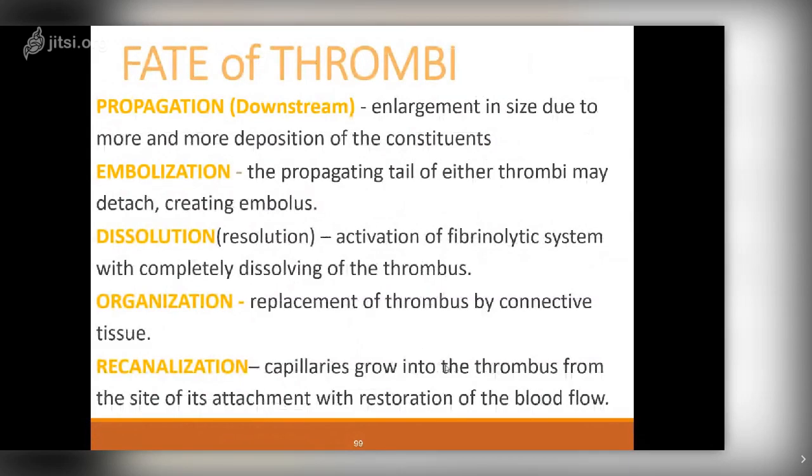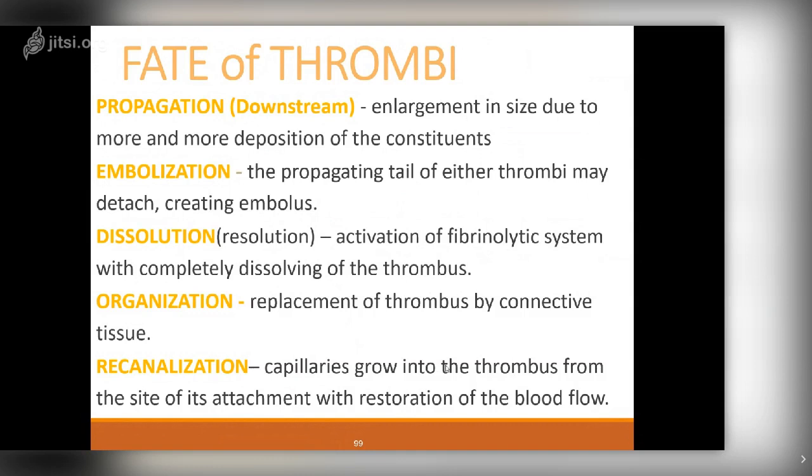Outcomes of thrombi. First one is unfavorable and it is propagation. Enlargement of the thrombus inside with deposition of more and more constituents. Of course, in veins, thrombus will grow towards the heart, in arteries vice versa, in the direction from the heart.